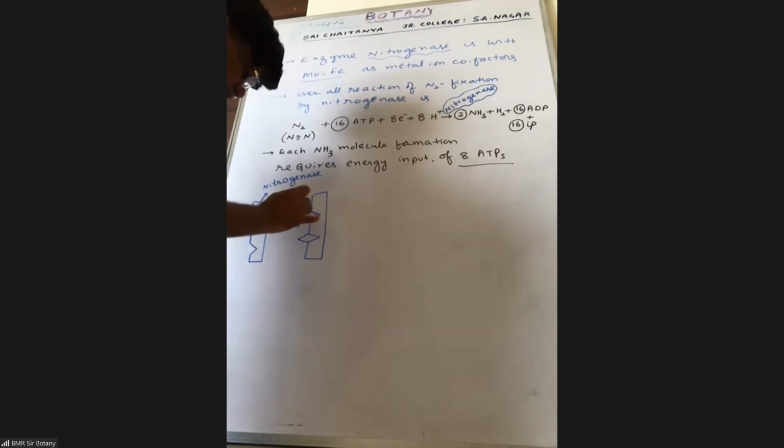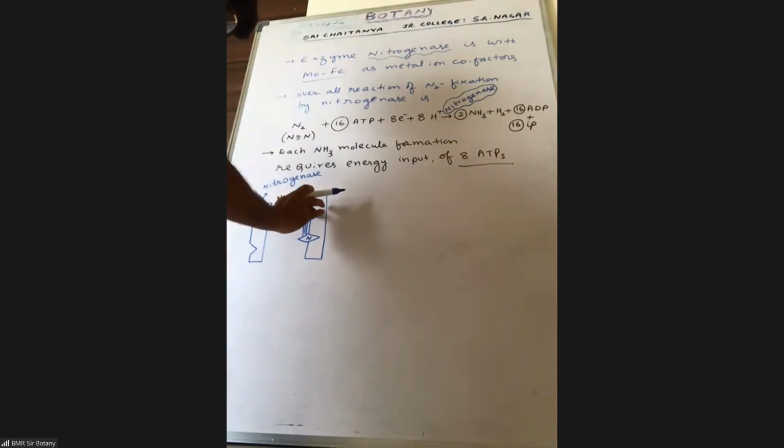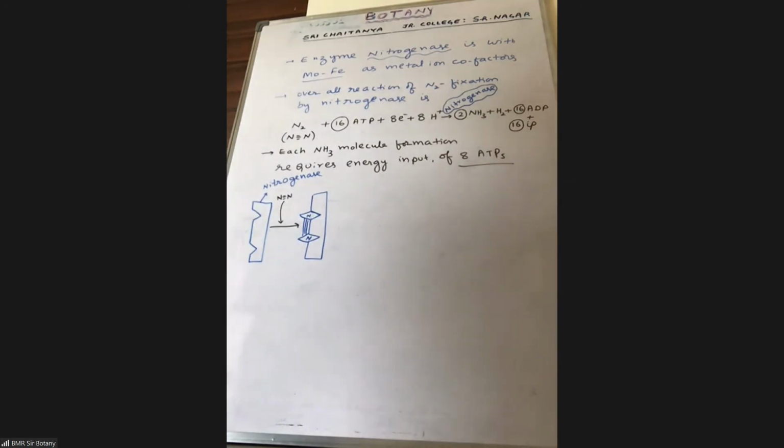This is one nitrogen, another nitrogen with triple bonds as it is there. So nitrogen is first taken. Nitrogen has gone into the reaction site. It has affinity to that, otherwise it can't fit into that.